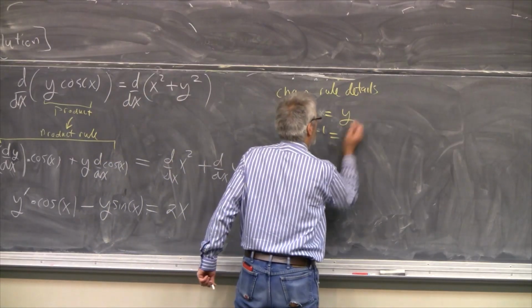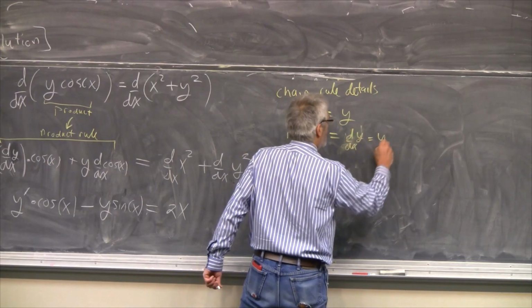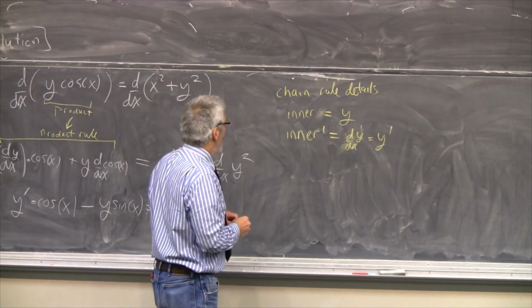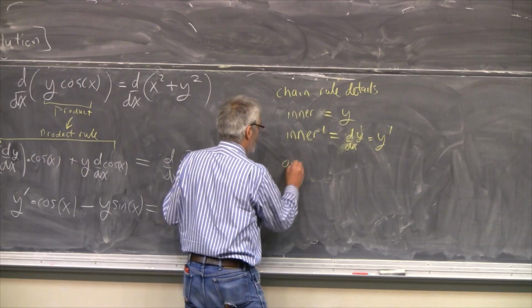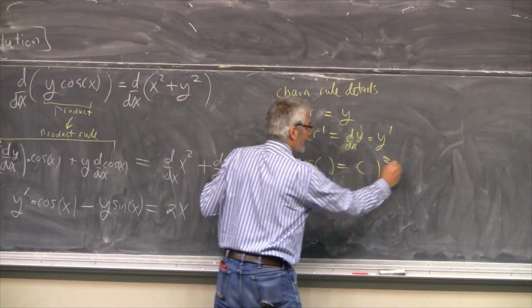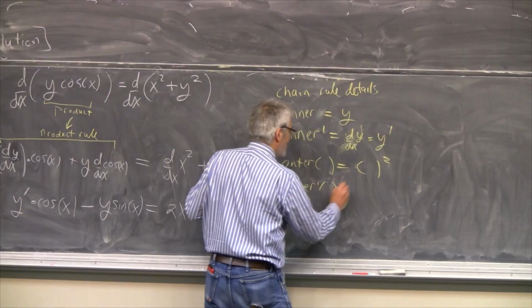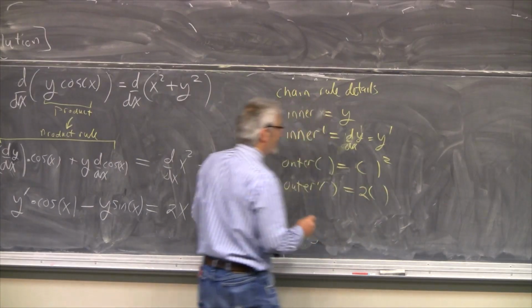Or I'm going to say it's d dx of y, and I'm just going to denote that by y prime. The outer function is empty, and it's parentheses squared. So my outer prime as an empty function is 2 times the parentheses.